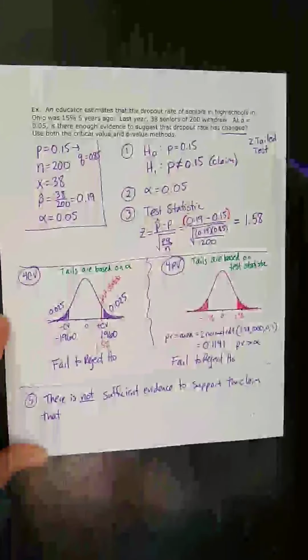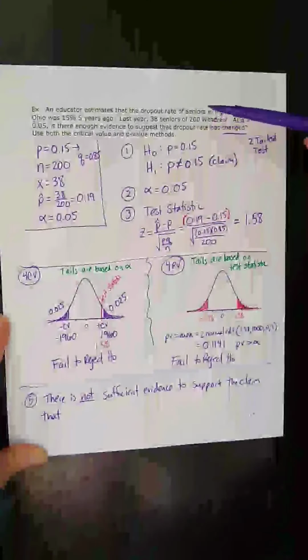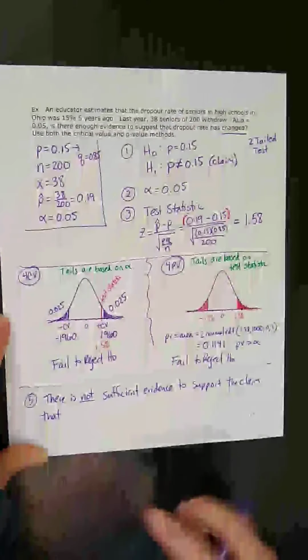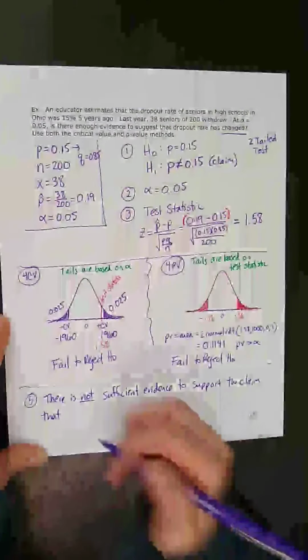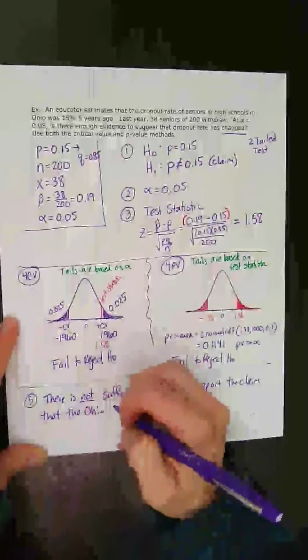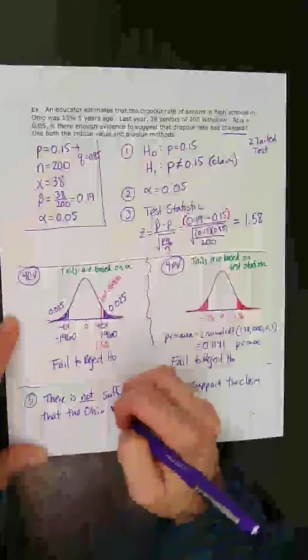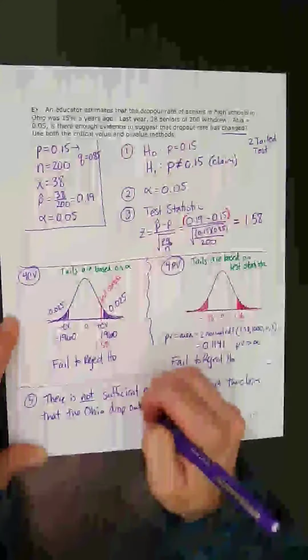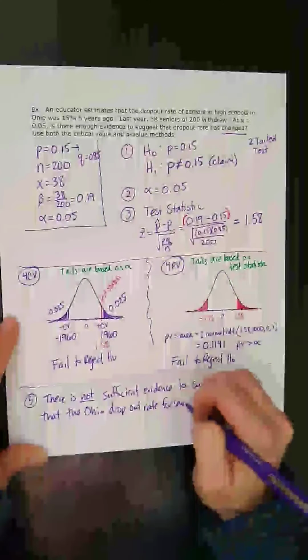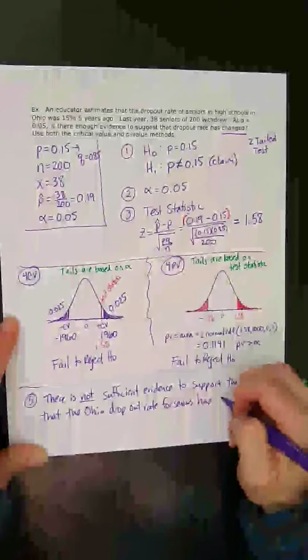What's the claim? The claim, or what we were trying to show, is that the dropout rate has changed. So there is not sufficient evidence to support the claim that the Ohio dropout rate for seniors has changed.